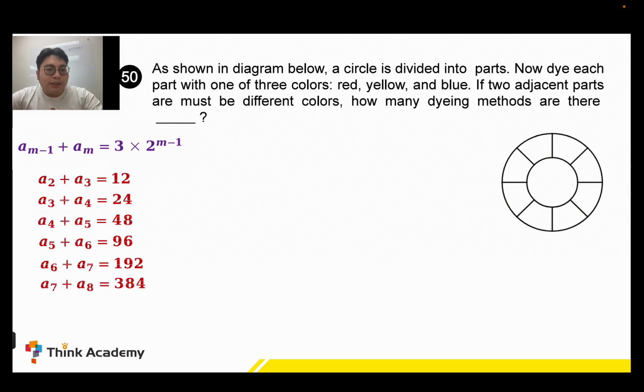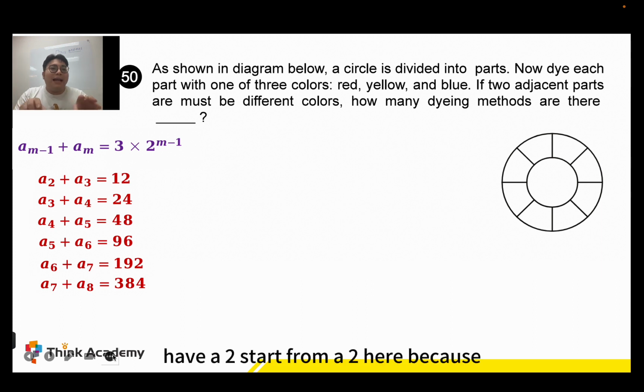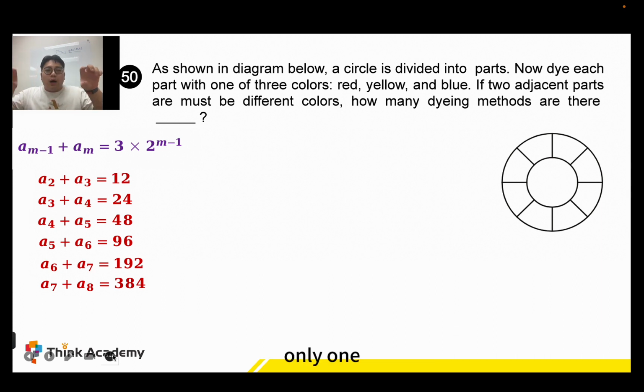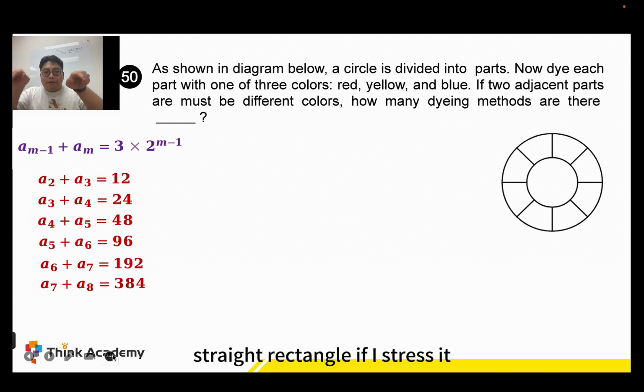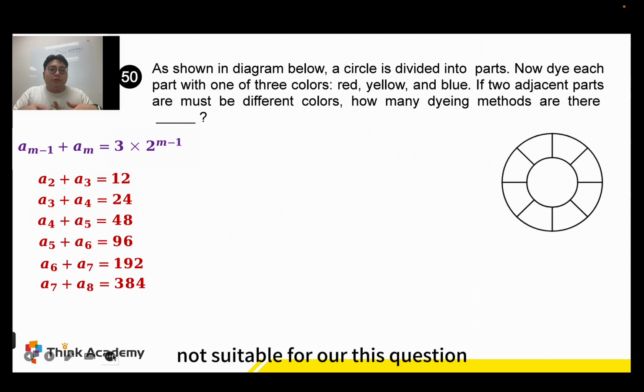We can list everything: A2 plus A3 equals 12, A3 plus A4 equals 24, and so on, to A7 plus A8 equals 384. Why do I start from A2 here? Because only with 2 or more sections can I bend it into a circle. With only one straight rectangle, if I bend it, it's just 1 color, which is not suitable for our discussion.